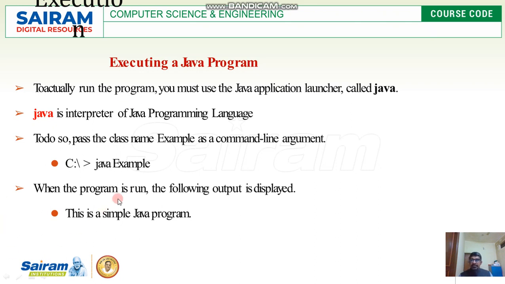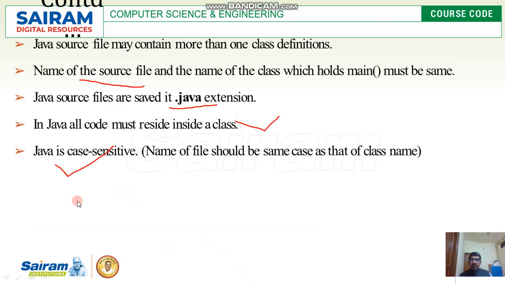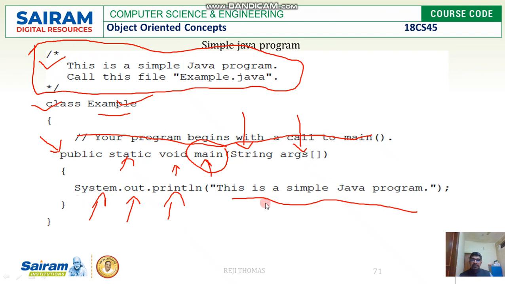Once it is done, you can execute by giving the command java, and you should give only the class name. Before it was Example.java, but the second time when you execute, you give only the class name. When you do this, you will get the output. This is a simple Java program. You can see what you have written in the program: it was saying that you have to print this message, only this message.